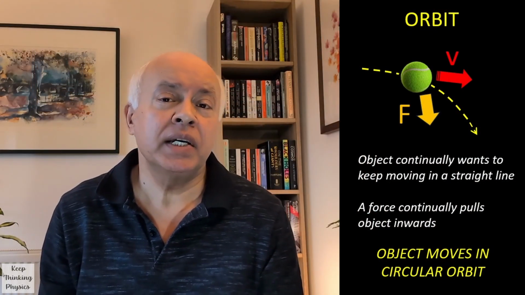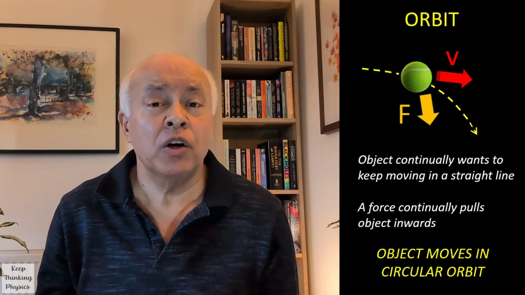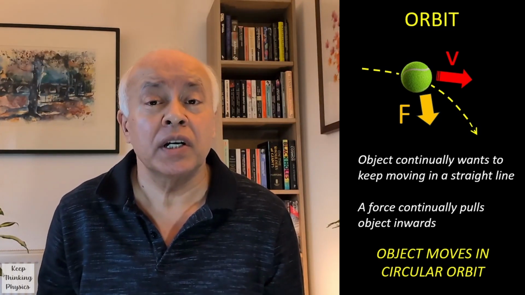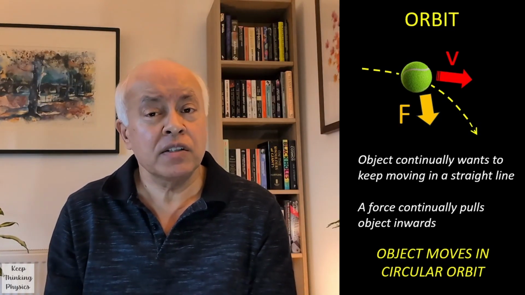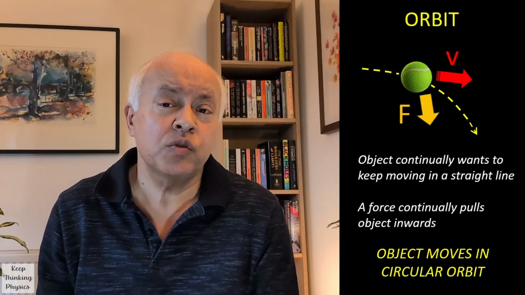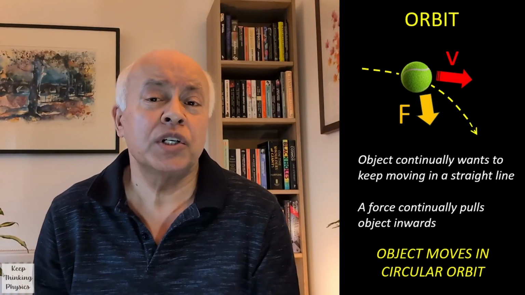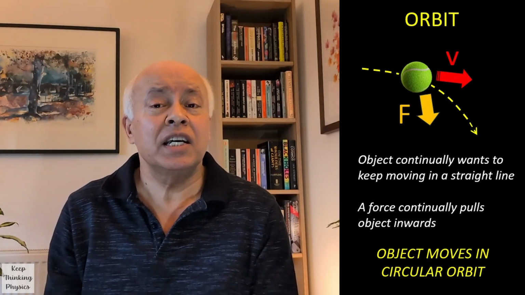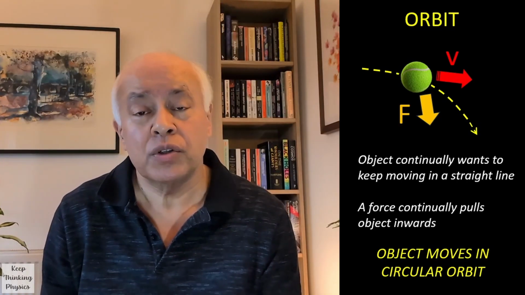When we have a body in orbit, then its velocity is constantly changing because its direction of motion is constantly changing. But according to Newton's first law, the object just wants to keep moving in a straight line. So there must be a force which is acting on the body to keep changing its velocity and constantly pulling it inwards.